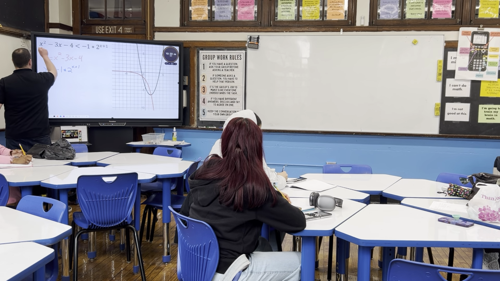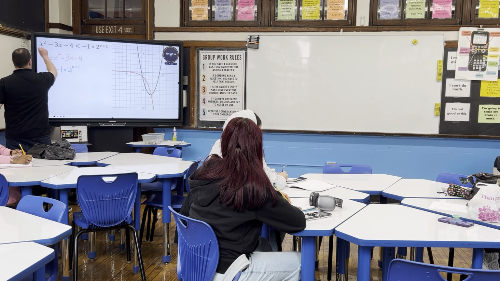Is there an interval on this graph where the black line is below the red line? I'm not sure where you're getting negative 4 from. Can someone come up here and just literally circle the part of the graph where the black curve is below the red curve? I mean, I claim it's roughly here.